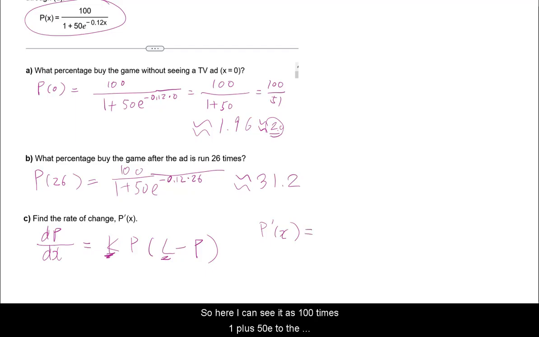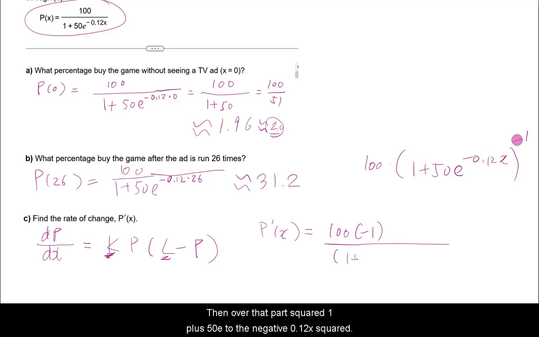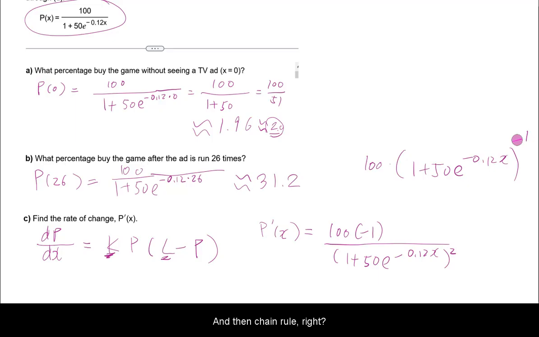So here I can see it as 100 times (1 plus 50 e to the negative 0.12x), this whole denominator to the negative 1 power. If I take the derivative of that, that will be 100 times negative 1, over that part squared, (1 plus 50 e to the negative 0.12x) squared, and then chain rule.